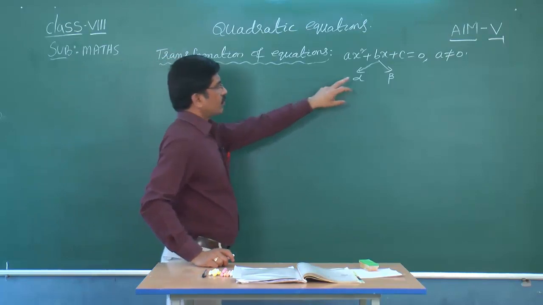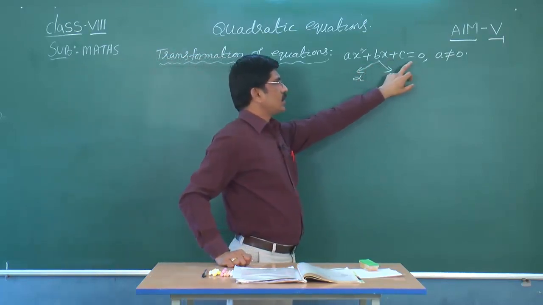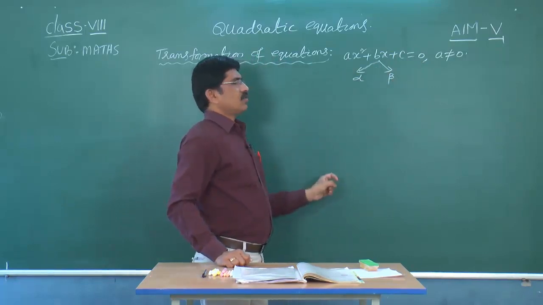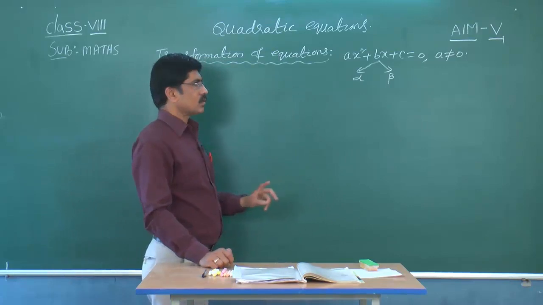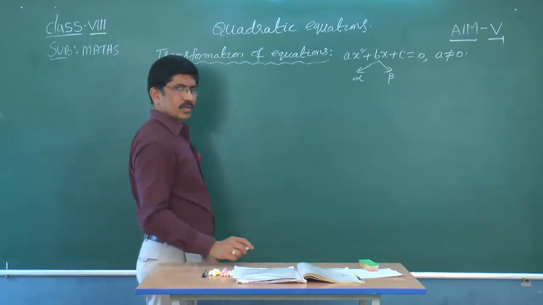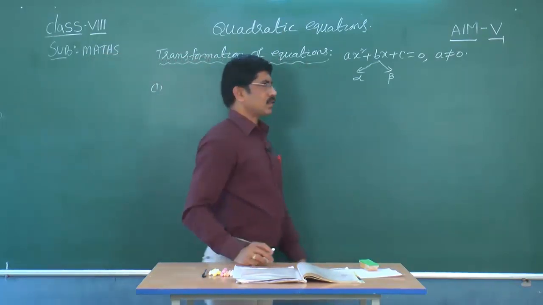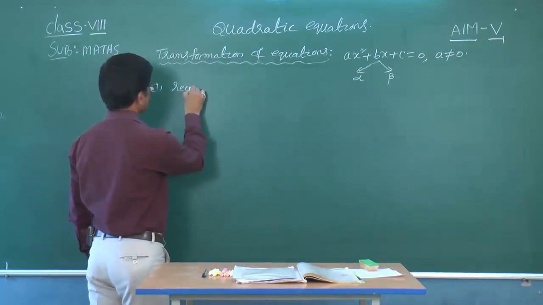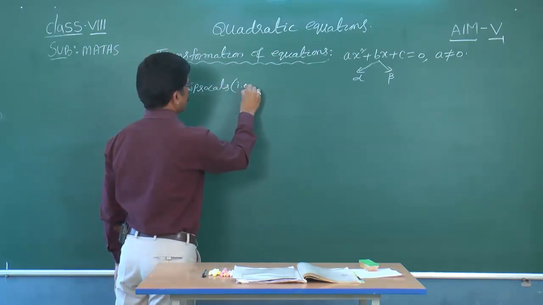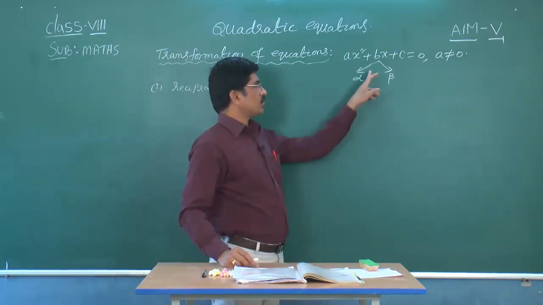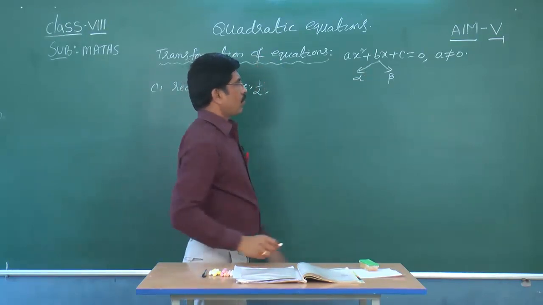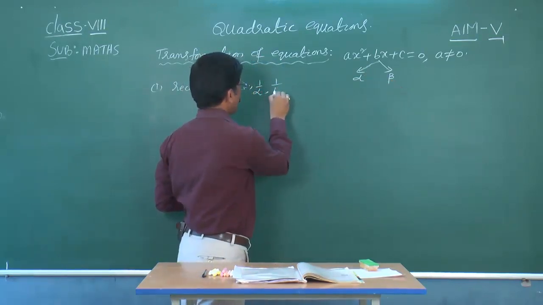If the roots of ax square plus bx plus c is equal to 0 are alpha and beta, then the quadratic equation, first one, when roots are reciprocals, that is alpha's reciprocal is 1 by alpha, beta's reciprocal is 1 by beta.